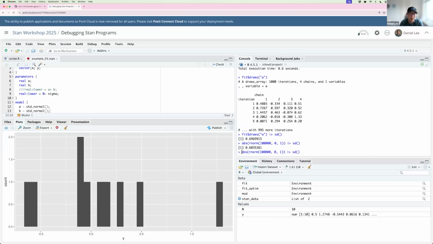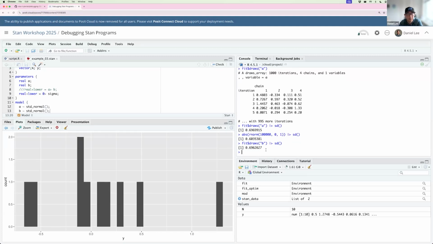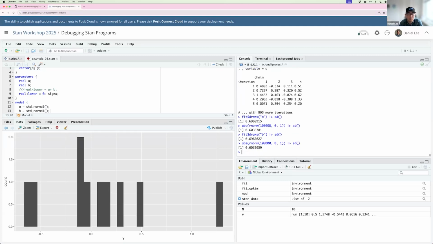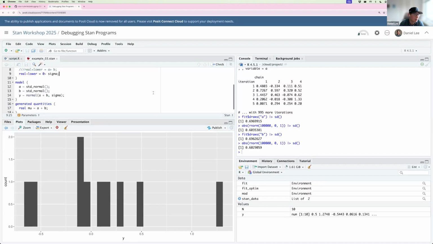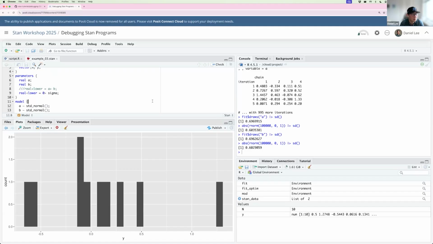Let's see what happens to B. Is that sort of what you're thinking about? So posterior is a little wider, I guess.